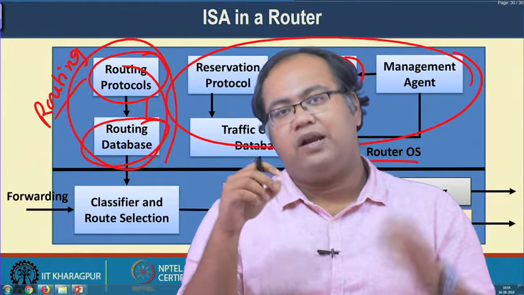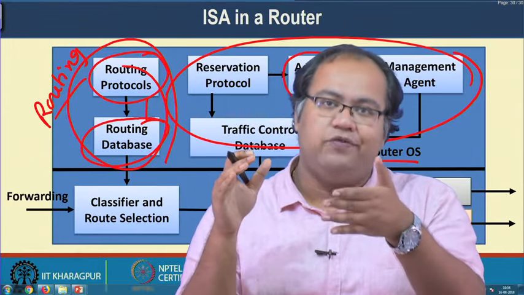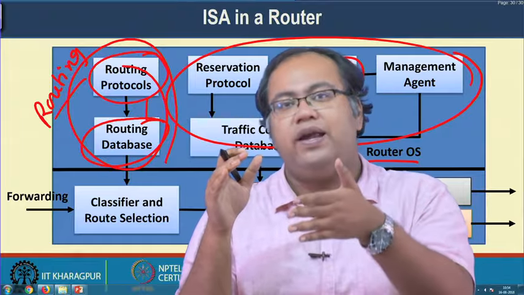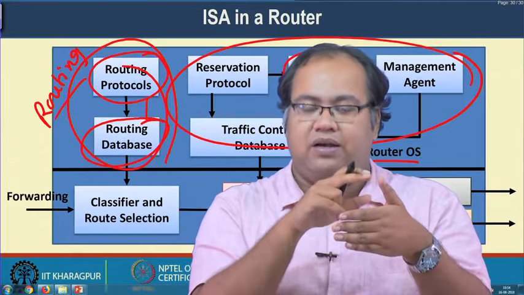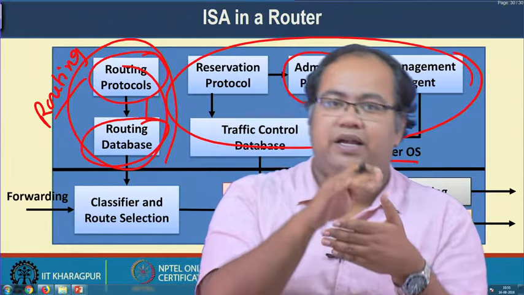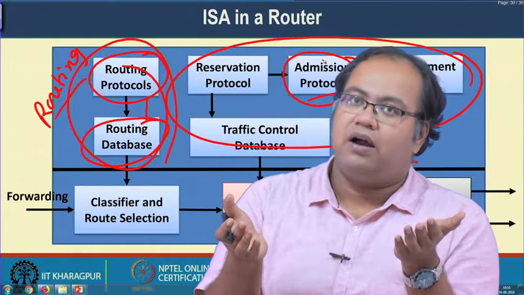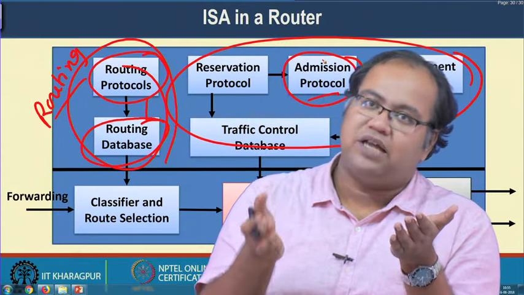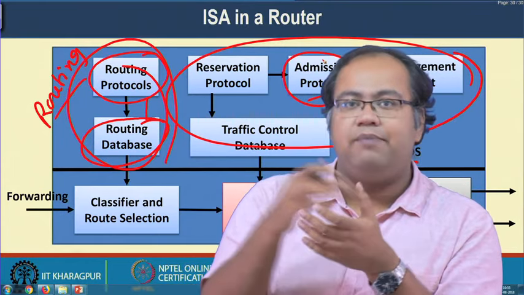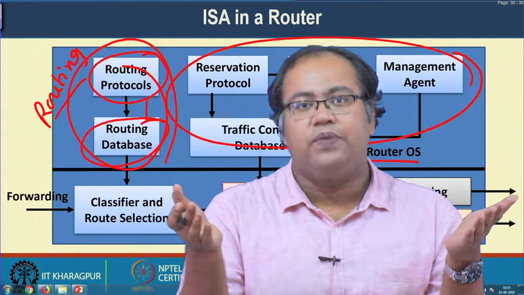For example, whenever you are admitting a new flow in the network, you need to ensure that the new flow gets the required service from the internet. If you are not able to ensure that, then you simply drop that particular flow.